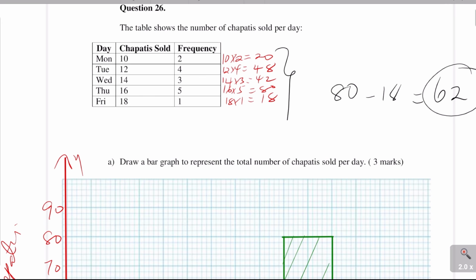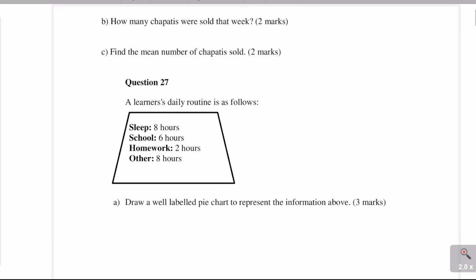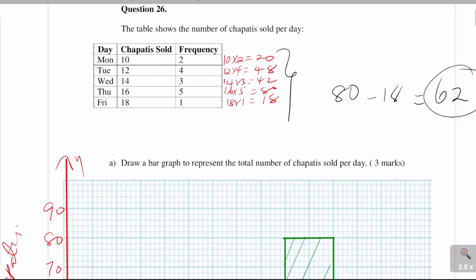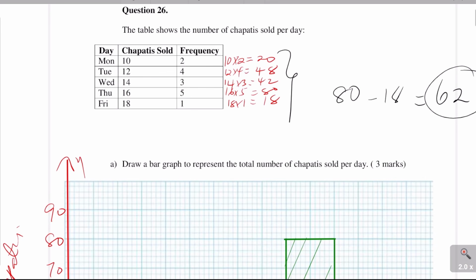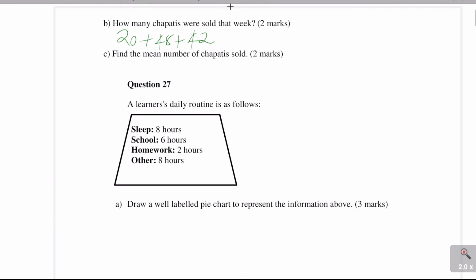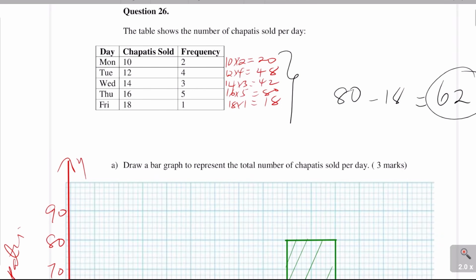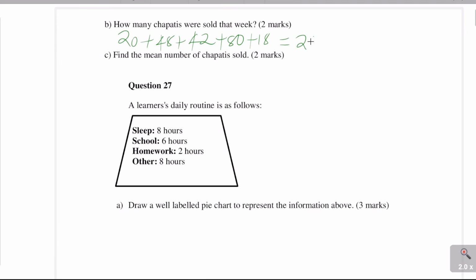So you'll have 20 plus 48 plus 42 plus 80 plus 18. When you add all these values, you get 208 chapatis.